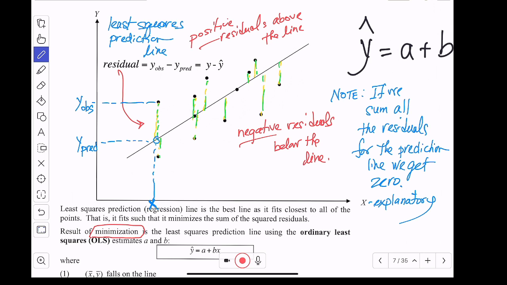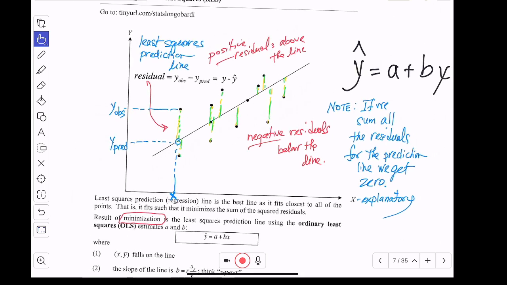Calculus will do this, and there's a pattern to the calculus results that we can use. I'm not going to do calculus here. In another higher level statistics course, you would learn about calculus, but we're just going to learn about the results.